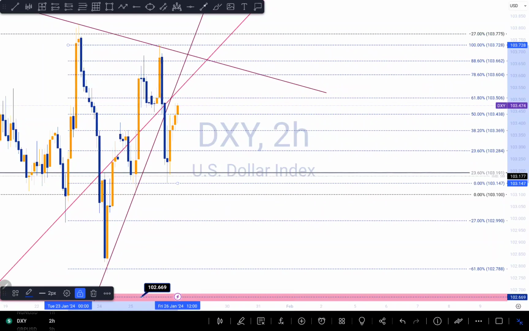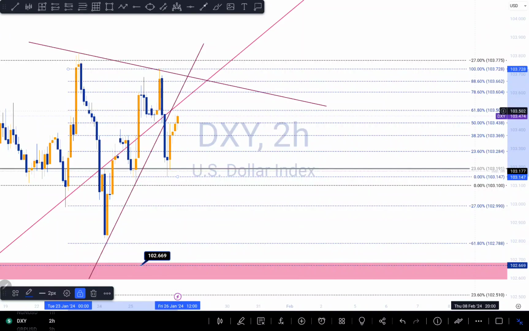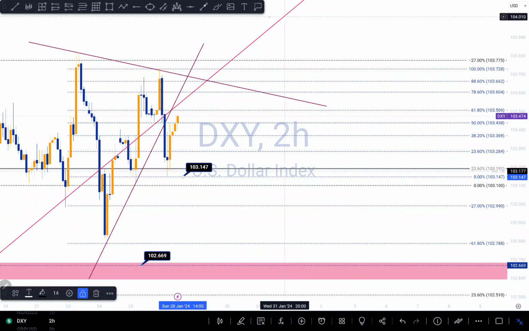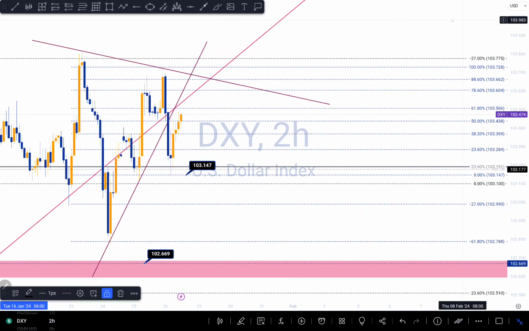Okay, so just like I said, my first TP will certainly be around here. This will be my first TP, which is 103.147.